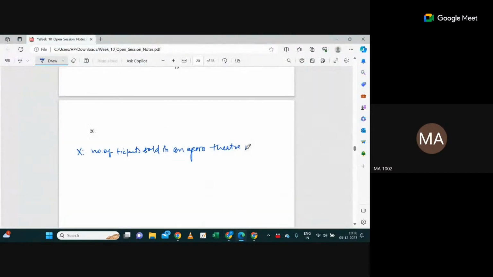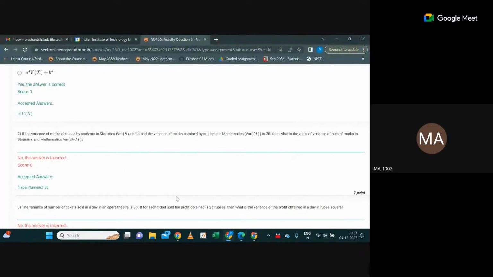So this is given to us: the variance of X is 25.